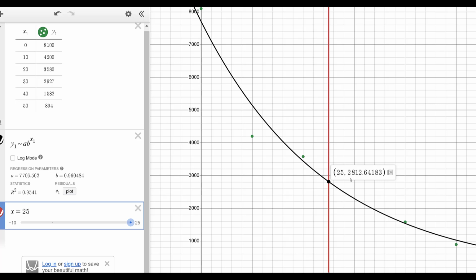In 25 years, it's at 2812.64. So if you want to round to 2813, you could do that. And that's going to be a little different than the program's answer because they had 2794, again, based off a different value up here. Okay, so what did we come up with? 2812 is my answer.